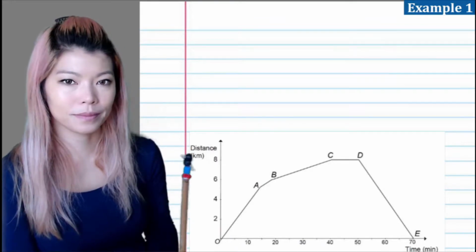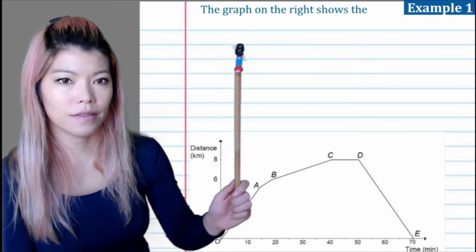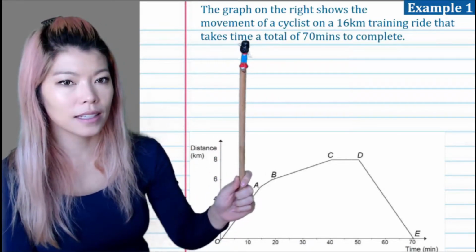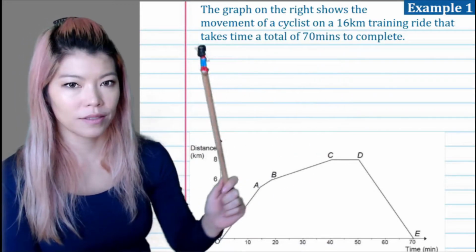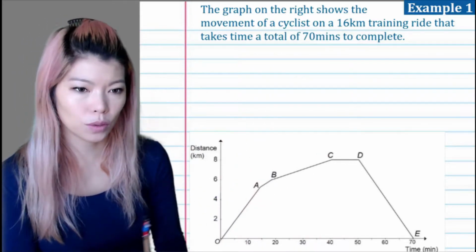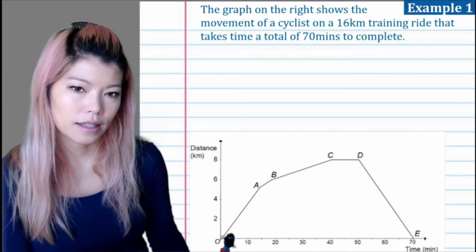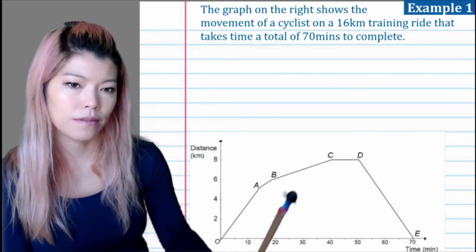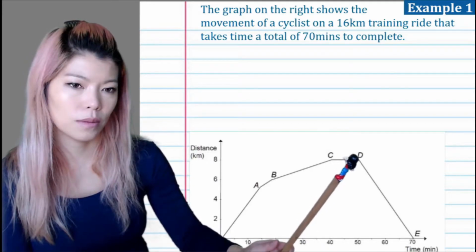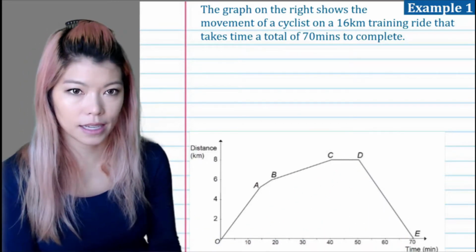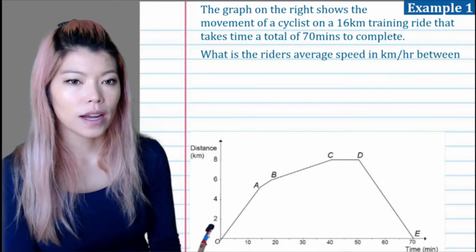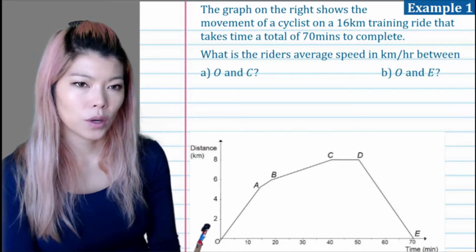Example 1. Here we have the graph that shows the movement of a cyclist on a 16-kilometer training run that takes a total of 70 minutes to complete. Let's have a check. It takes 70 minutes, and he rides away from a spot to 8 kilometers and then rides back another 8 kilometers. What is the rider's average speed between O and C?